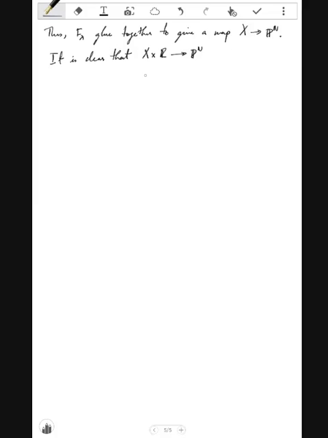Thus, f_lambda glue together to give a map X to P^n. It is clear, or can be easily checked, that it is a smooth map.